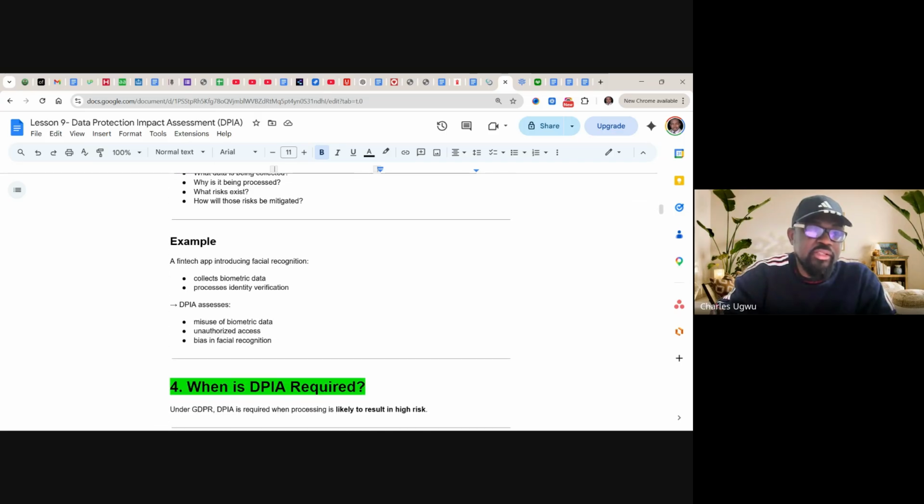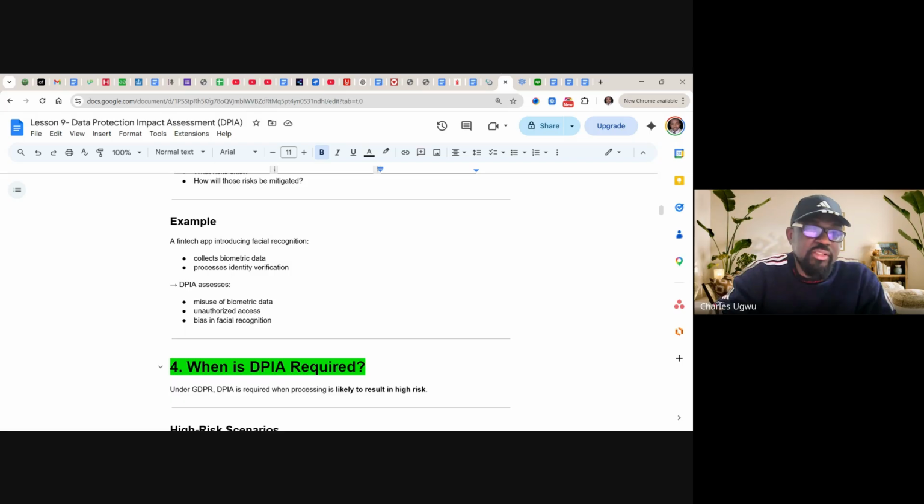An example here is a fintech app introducing facial recognition. The data collected is biometric data, and it will be processed for identity verification. So the data protection impact assessment looks at misuse of biometric data, unauthorized access to that biometric data, and bias in facial recognition.